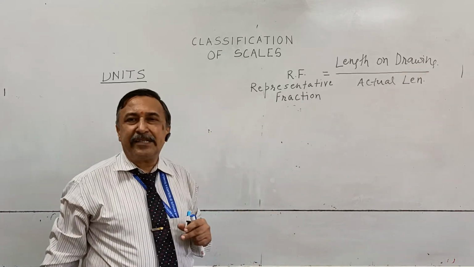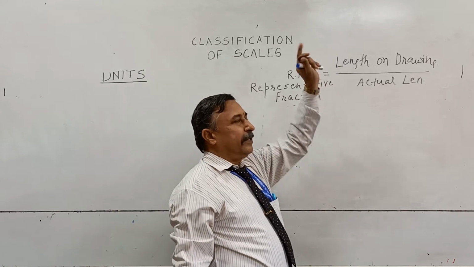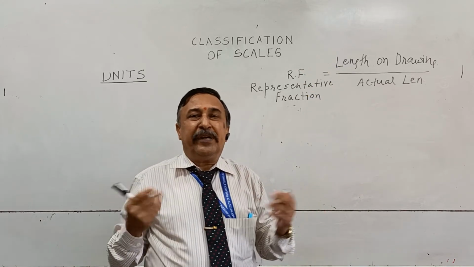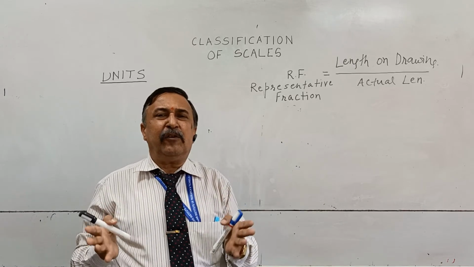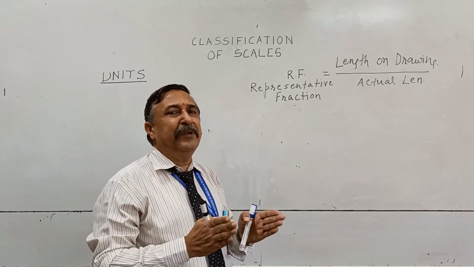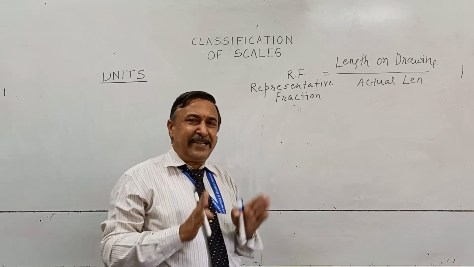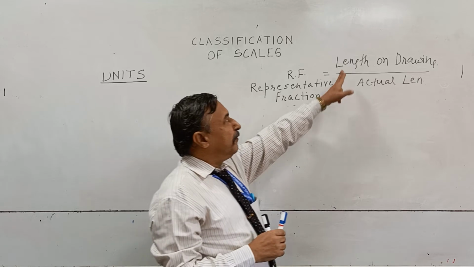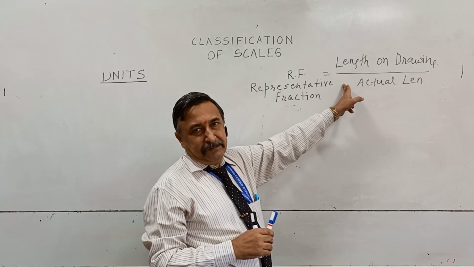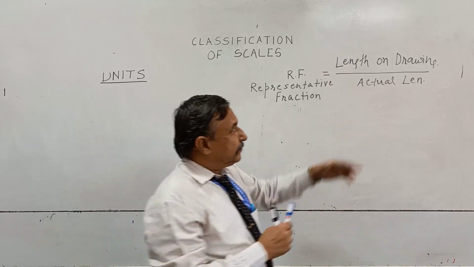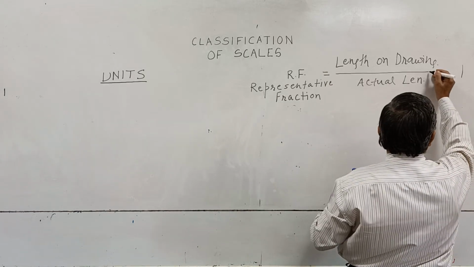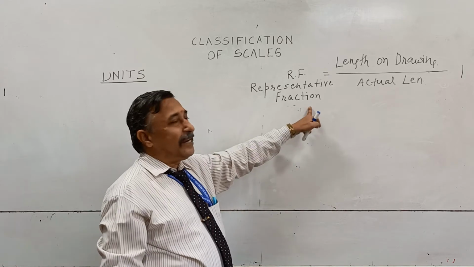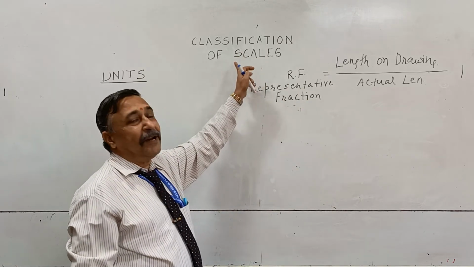As we discussed last time, if suppose we want to draw a 10 kilometer length, we assume that 10 kilometer is equal to 10 centimeter. So we draw 10 centimeter and the actual length is 10 kilometer. So we find RF, the length on drawing over the full actual length. On the basis of RF, I am going to classify the scale.